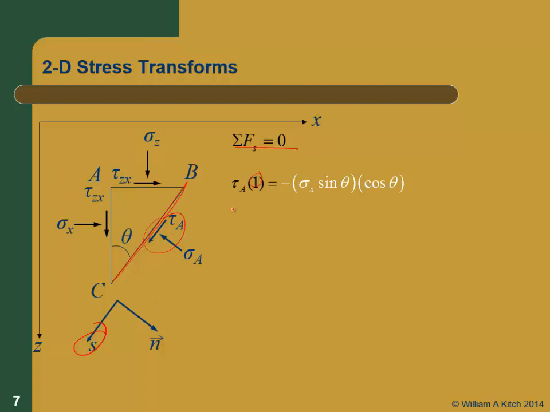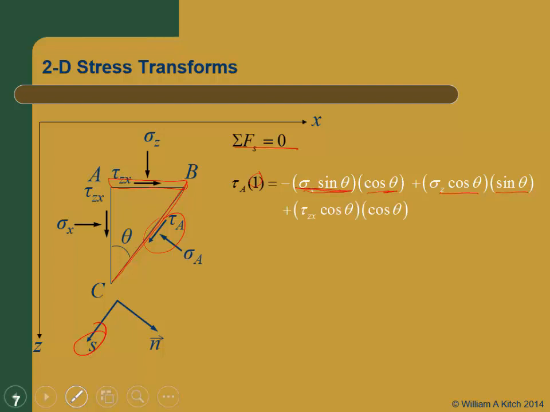So that's a positive, so tau A is positive. Well, that's got to be equal to, again, sigma x is going to act along the length sine. So this is the same element we had before, but now the directional component of that one is cosine, right? And similarly, sigma z acts along a length. This length here was cosine, but the directional component is opposite in the S direction, so that becomes sine.